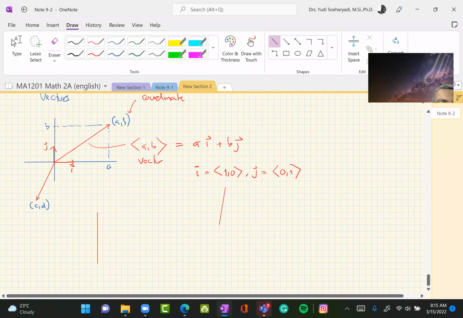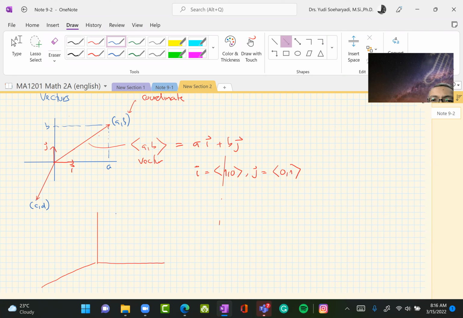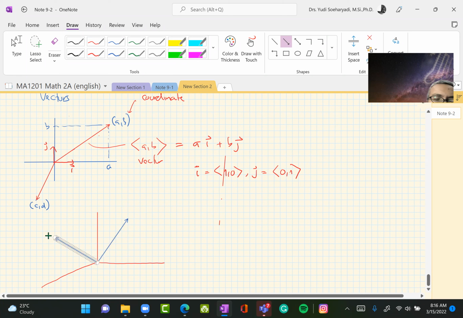In 3D, it's quite similar. So you have this vector. In terms of this, say the endpoint is this coordinate, then as a vector, it is written as <A, B, C>.